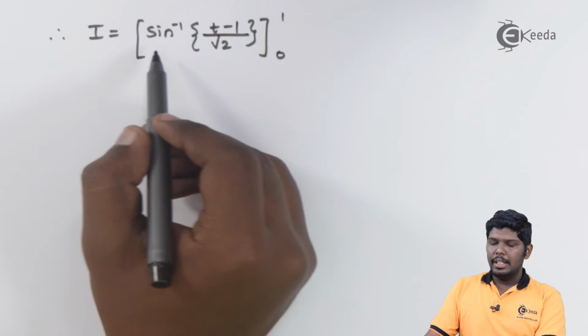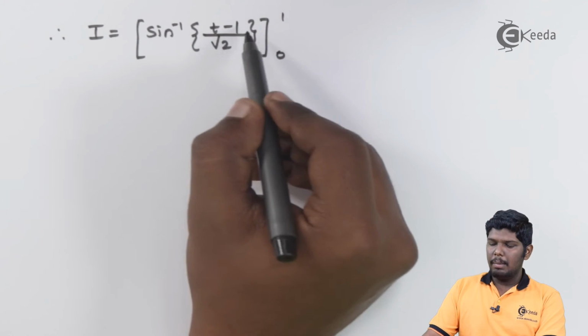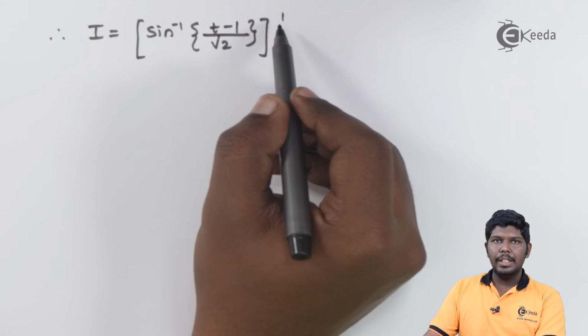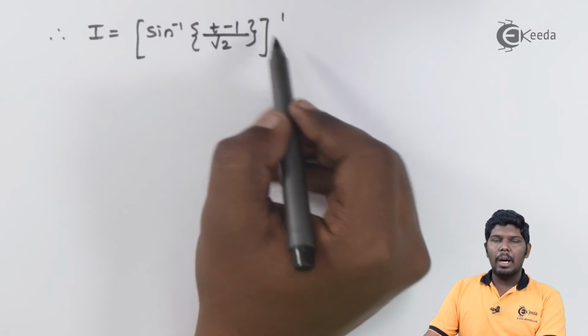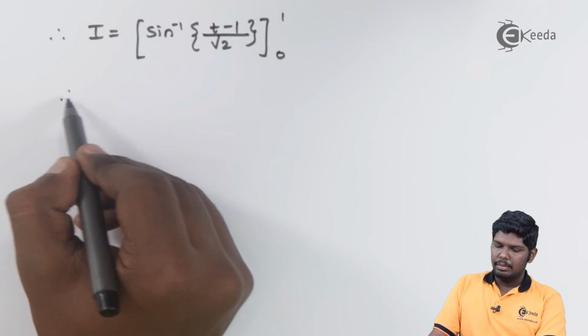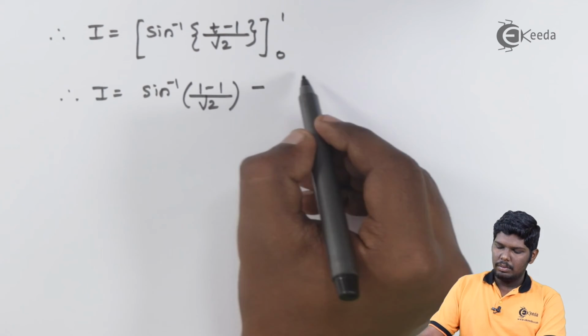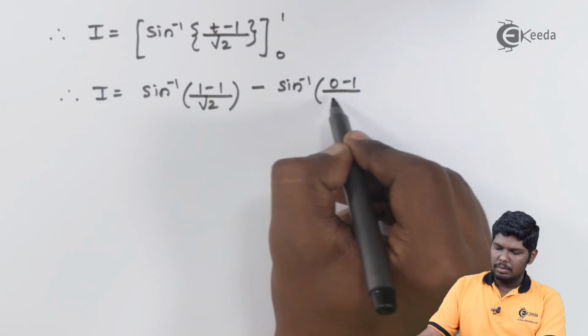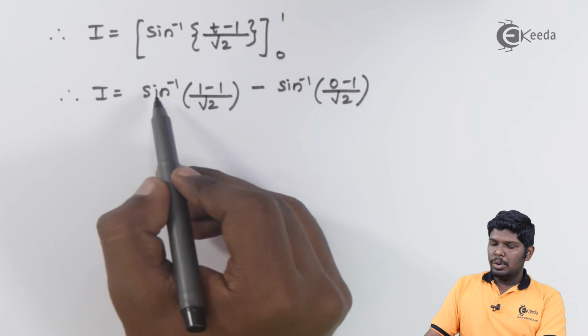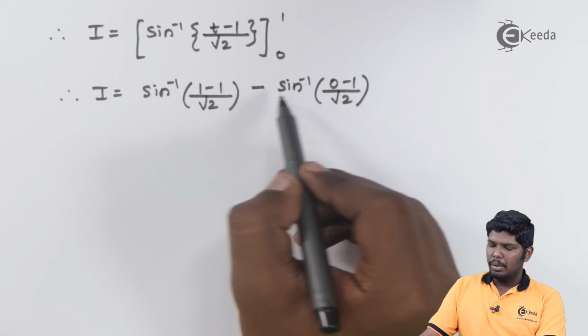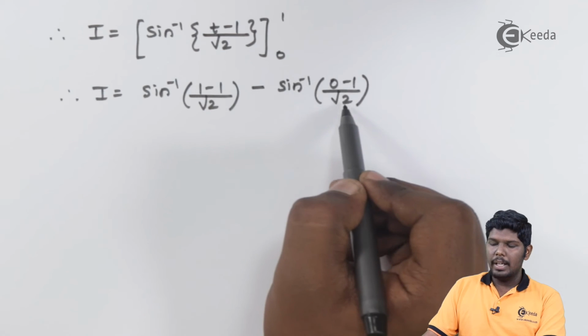Therefore, we have I is equal to sin inverse of (t minus 1) upon root 2 within limit 0 to 1. Now let us substitute the upper limit and the lower limit. This will give you sin inverse of (1 minus 1) upon root 2 minus sin inverse of (0 minus 1) upon root 2.